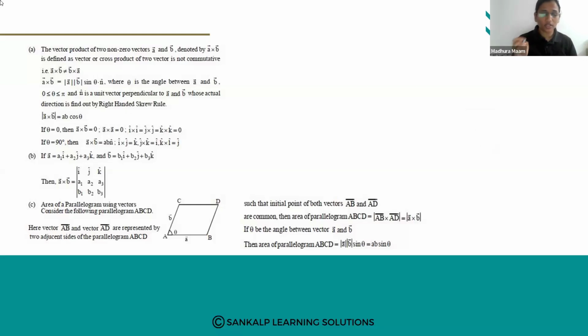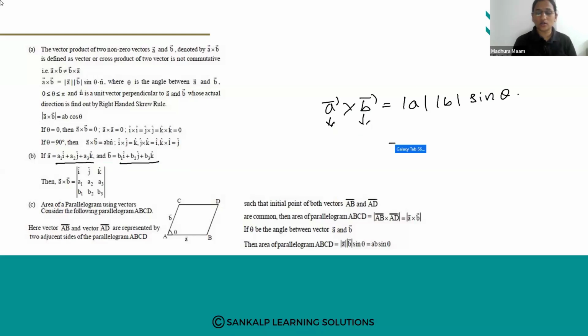Yes, okay. Before that I forgot to tell. If the components are given and you are asked to find the vector product, and the angle is not given, if angle is given, this is how to find. If angle is not given but vectors are given, a1, a2, a3, b1, b2, b3, then how do you find the cross product? By using the determinant.